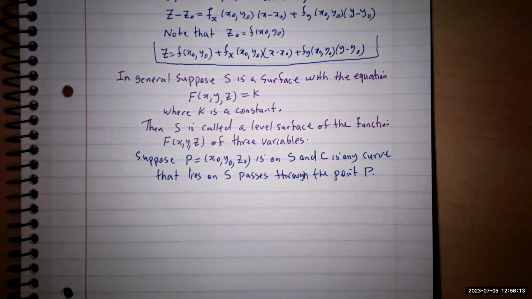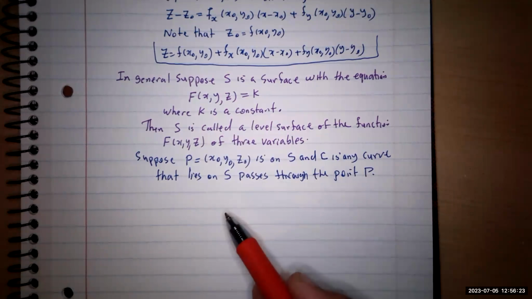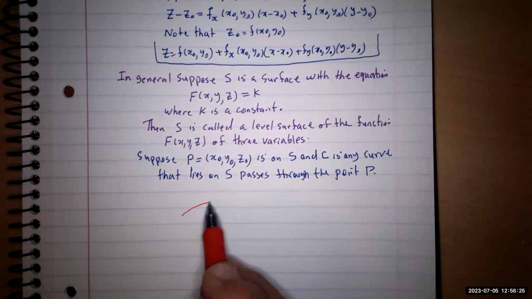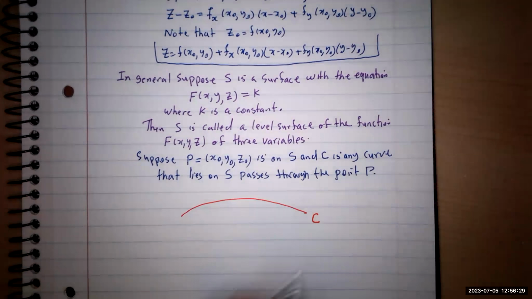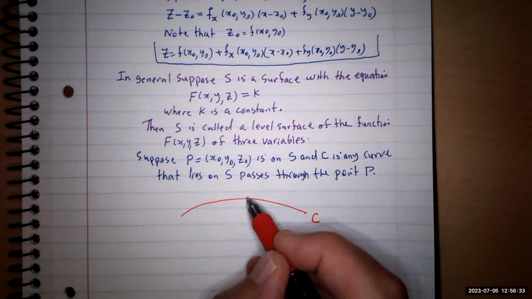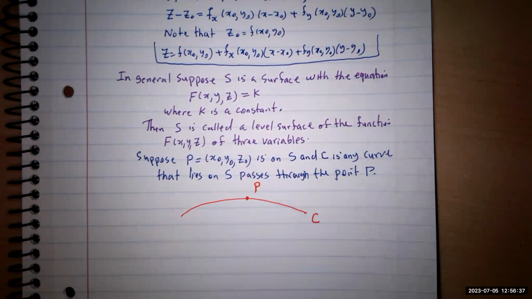Then you fix the point P on it. Then you are going to cut it, slice it, touch it. You pick a curve C on that solid, on your ellipsoid for example, but this curve passes through the point P where you would like to find the tangent plane.